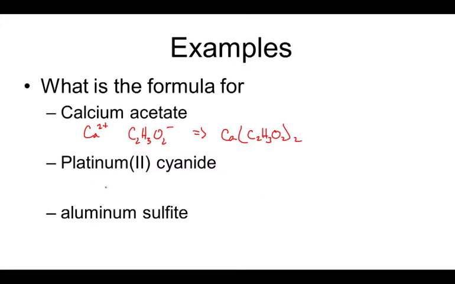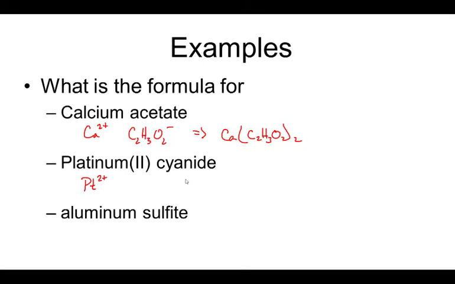Now we have one with a transition metal. So this is platinum 2. Platinum's chemical symbol is Pt. So we have Pt, and we know its charge is 2 plus. And then we have cyanide.